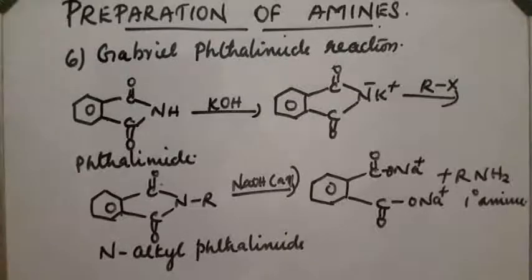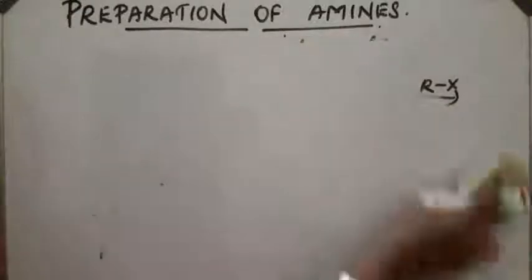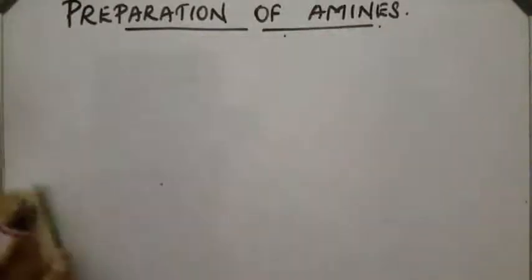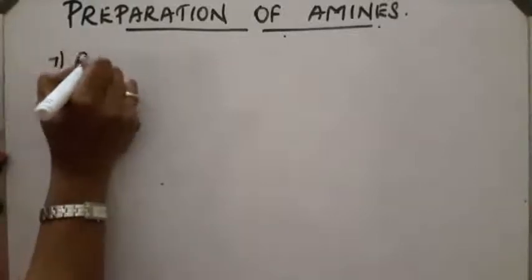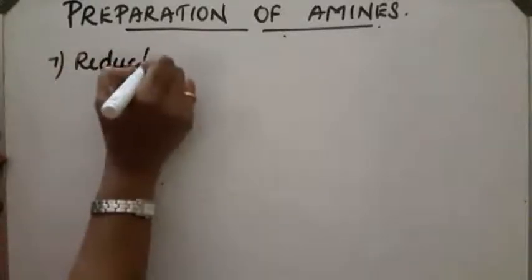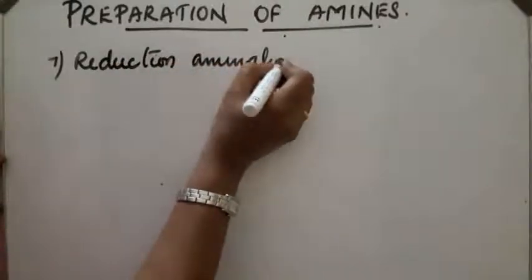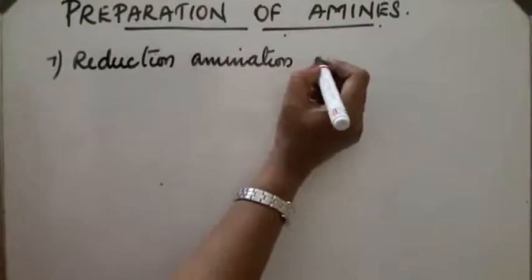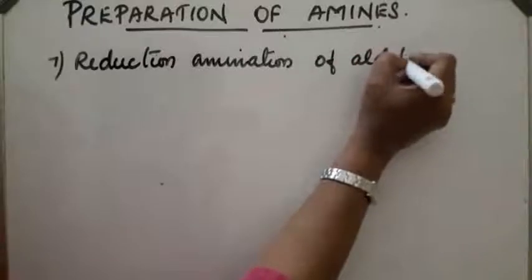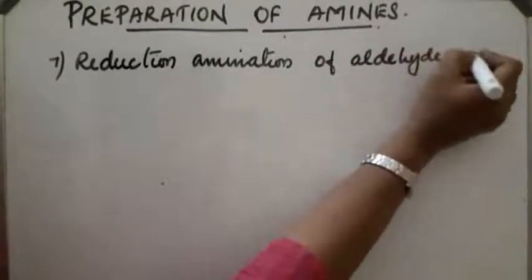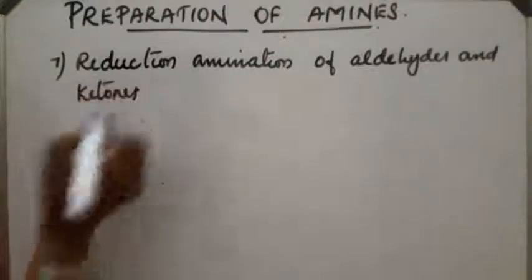And the next reaction is reductive amination of aldehydes and ketones. That is, by reduction, amine is obtained from aldehydes and ketones. Let us see the reaction.